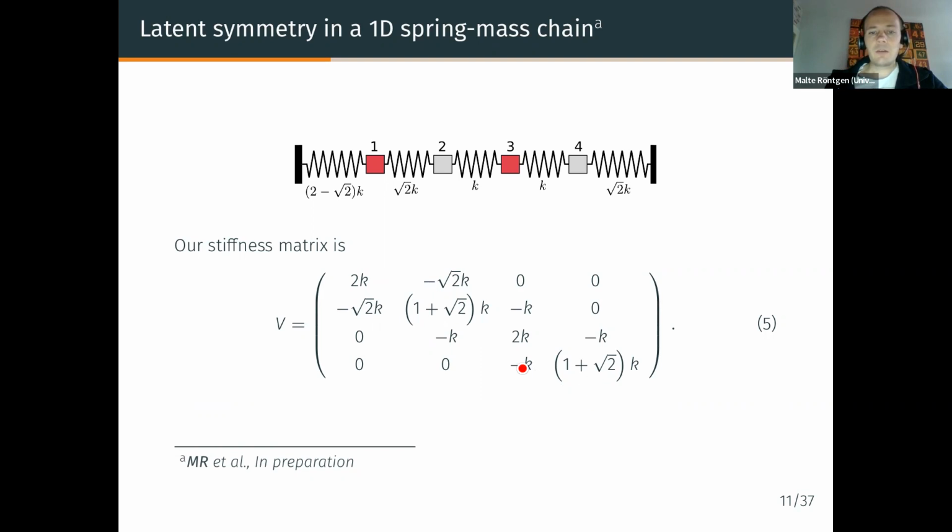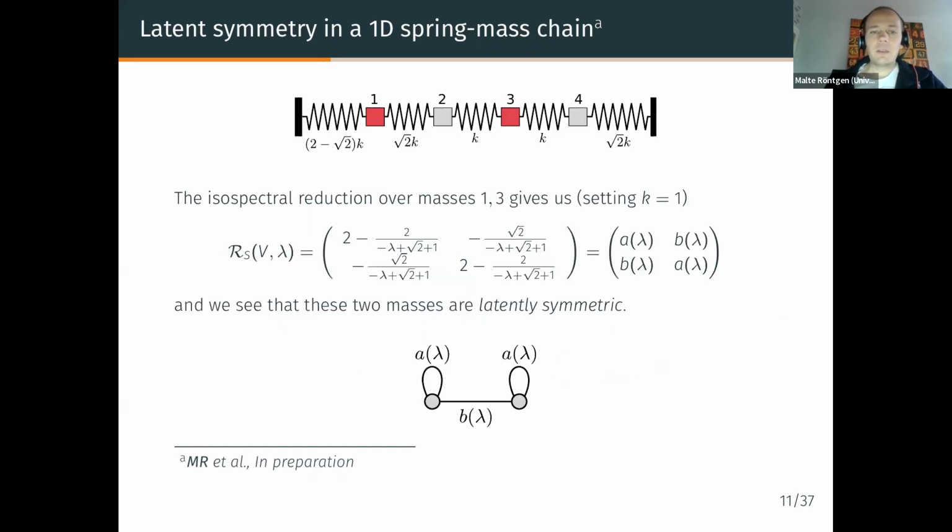What is important now is that even here you don't see any particular symmetries. This matrix is not bisymmetric, and the corresponding graph has no reflection symmetry. However, if you then do this isospectral reduction over those two innocently looking masses 1 and 3, you will get this expression, a 2x2 matrix.